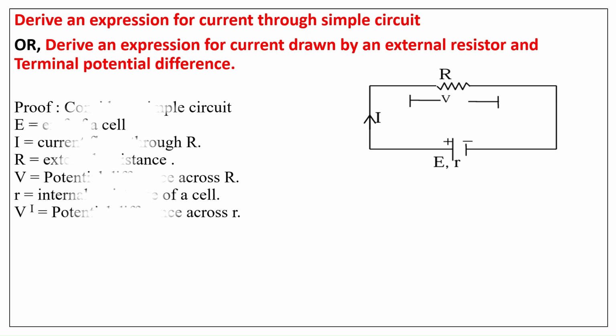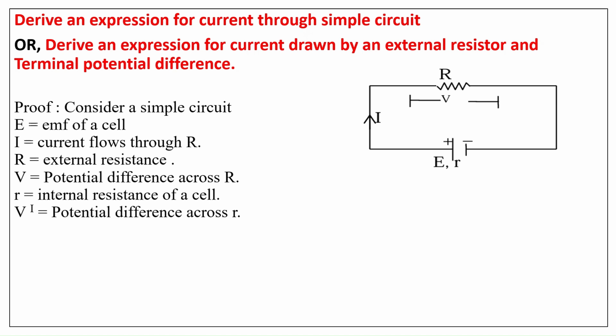Next, derive an expression for current through a simple circuit. Or derive an expression for current drawn by an external resistor and terminal potential difference. Proof: Consider a simple circuit. E is the EMF of a cell. I is the current flowing through R. R is external resistance.